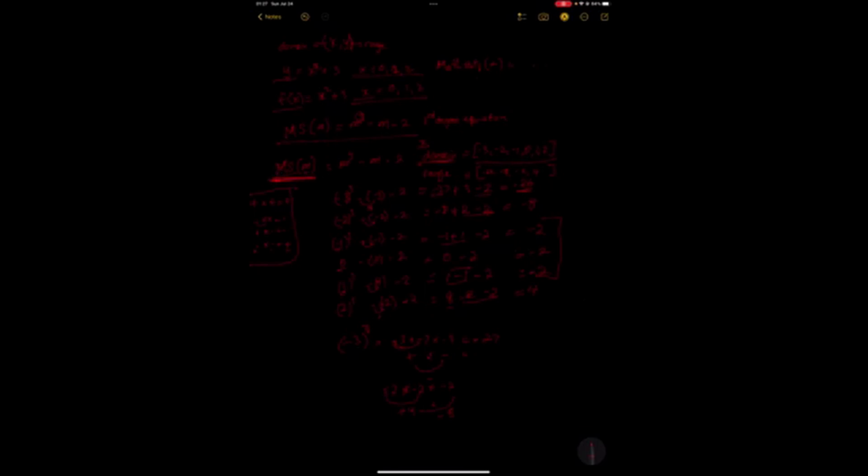Now, just a little more, I'm going to show you something else. How would I write this in a better way? I can put it like this. Domain and range. Watch this. Domain is -3, -2, -1, 0, 1, 2. Something like this. And the range is -26, -8, -2, and 4.